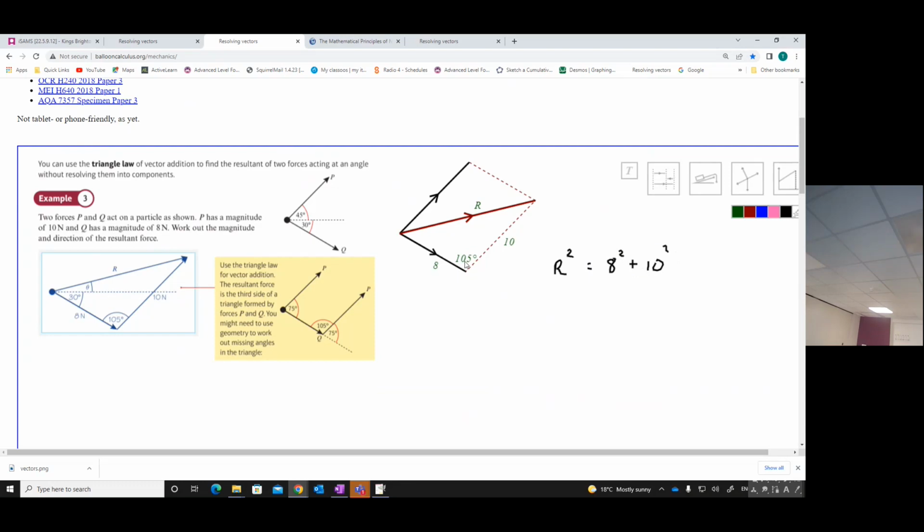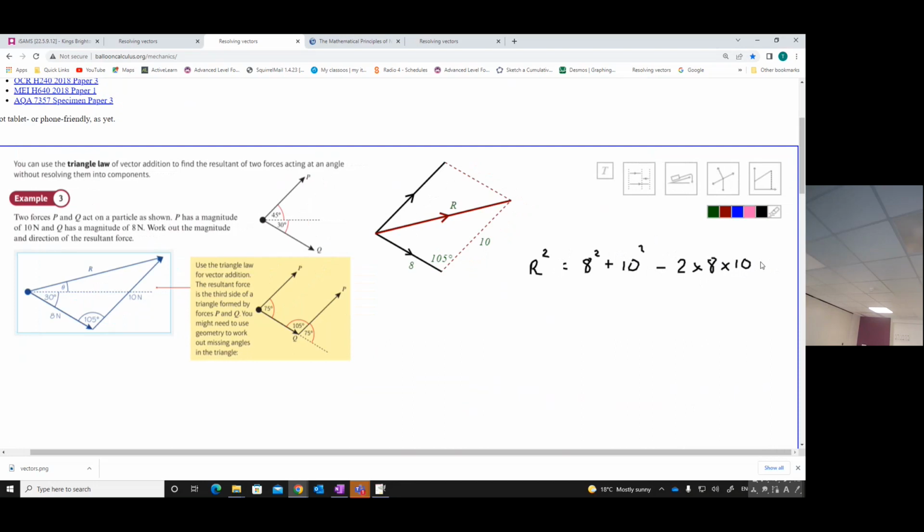But if that's not 90 degrees, we need to subtract double the product of those lengths. That's what the cosine rule says, times the cosine of the angle. So you've got 64 plus 100 minus 160 cos 105, if I'm not mistaken, but I may be.